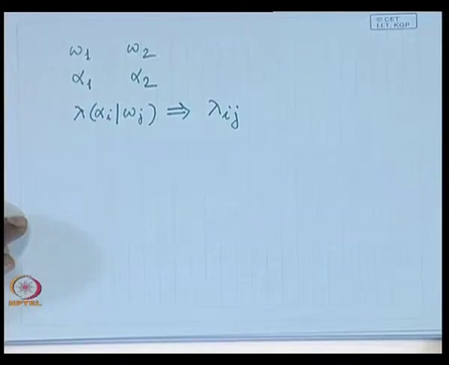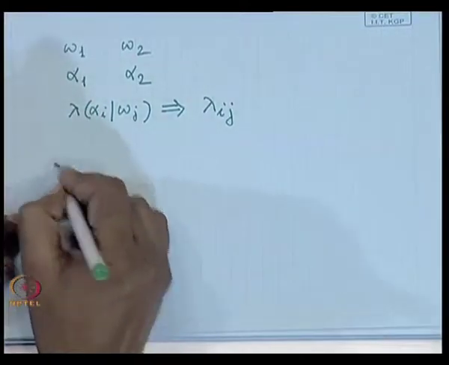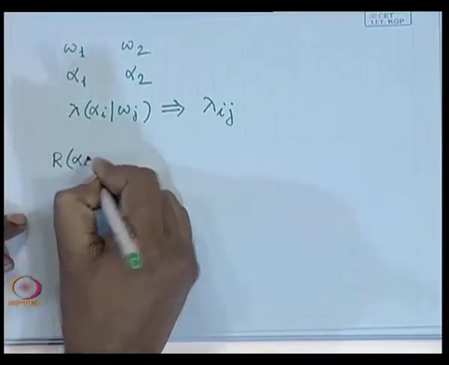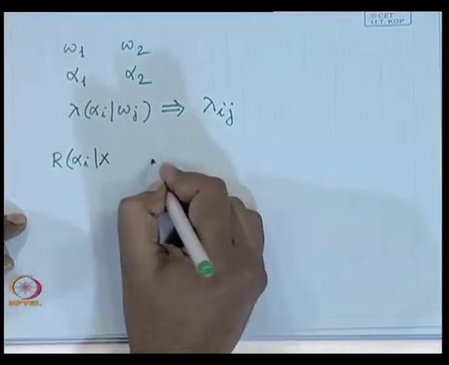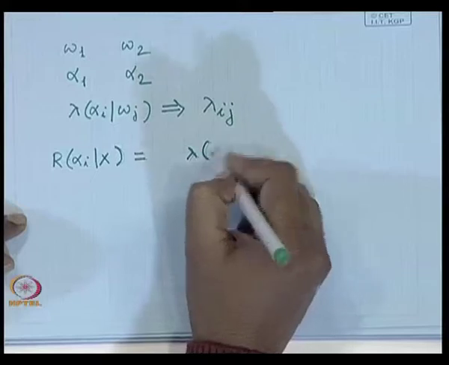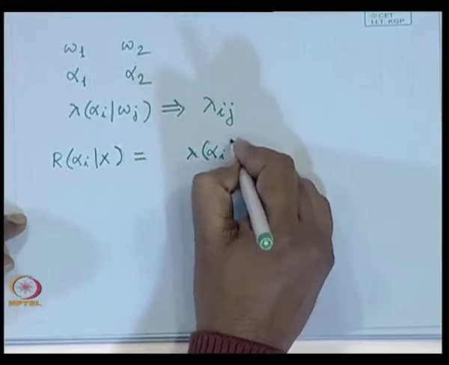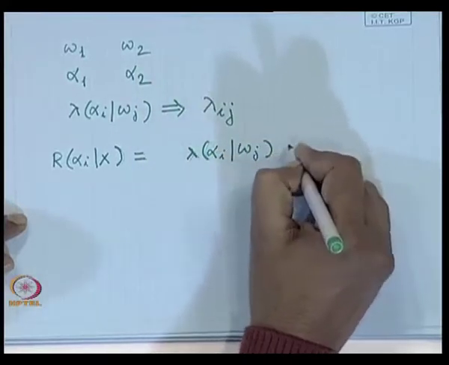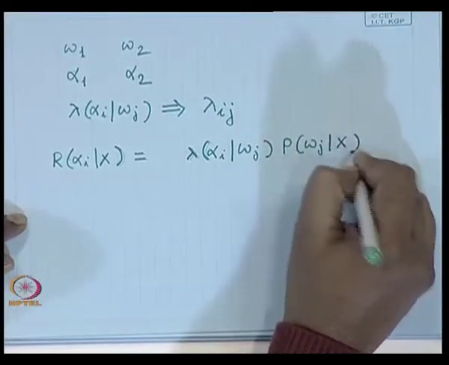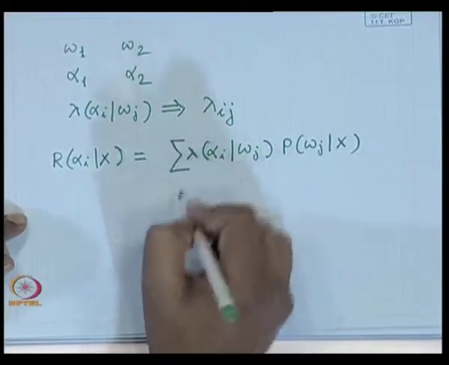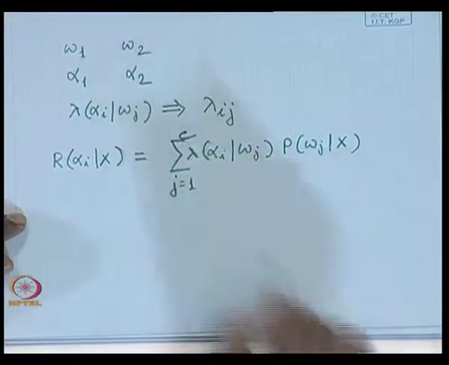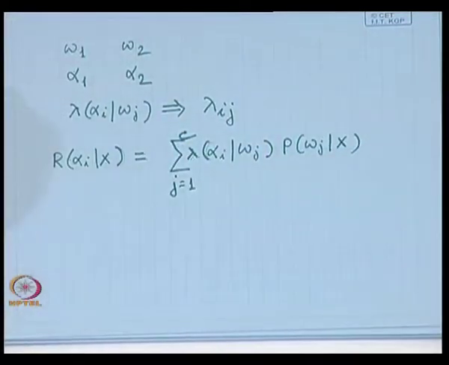So, for this 2 class problem, I can have risk function r of alpha i given x, as we said, is nothing but lambda alpha i given omega j into probability omega j given x. We took the summation for j equal to 1 to c for all possible states of nature.